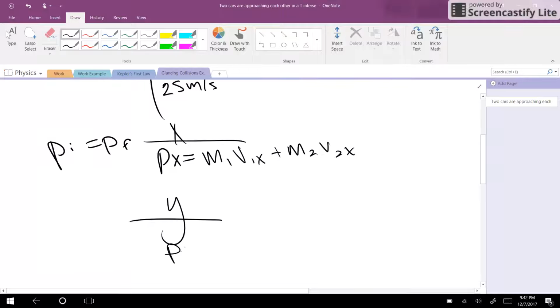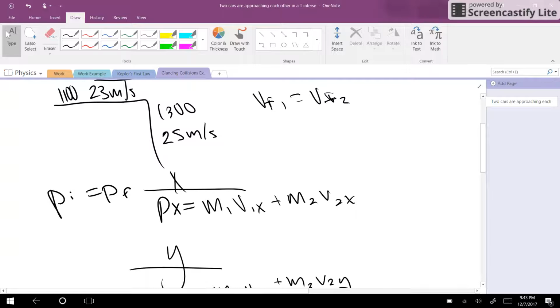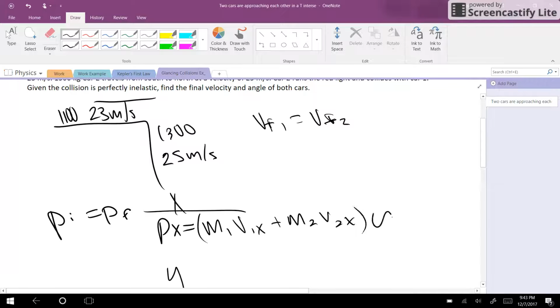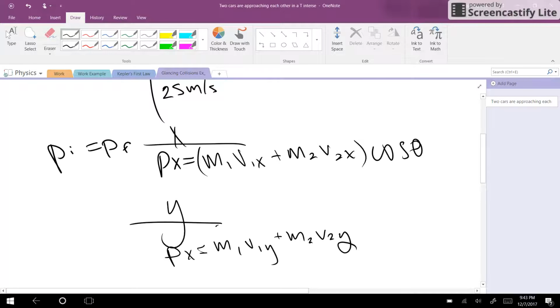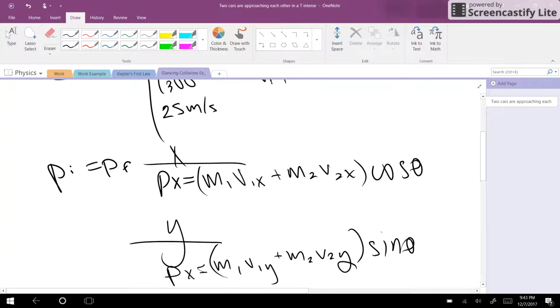And for the y, we're going to have m1 v1 on the y plus m2 v2 on the y. And this is going to be by cosine of the angle for x and by sine of the angle for y.